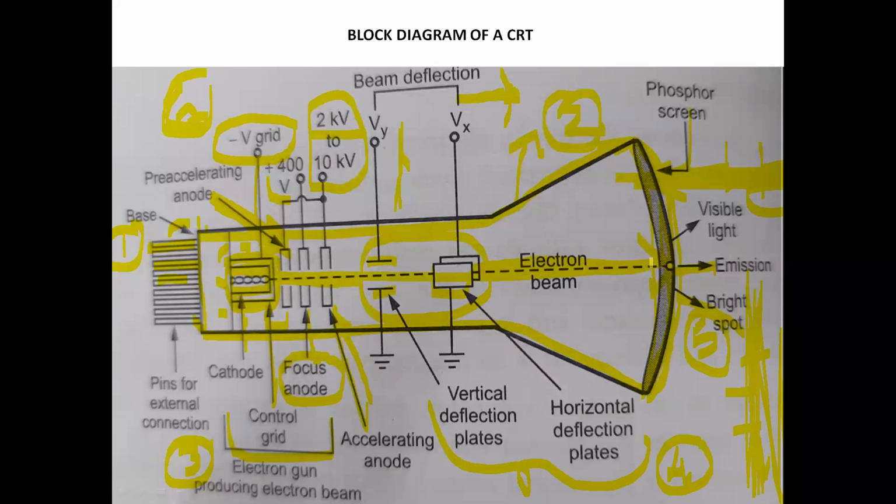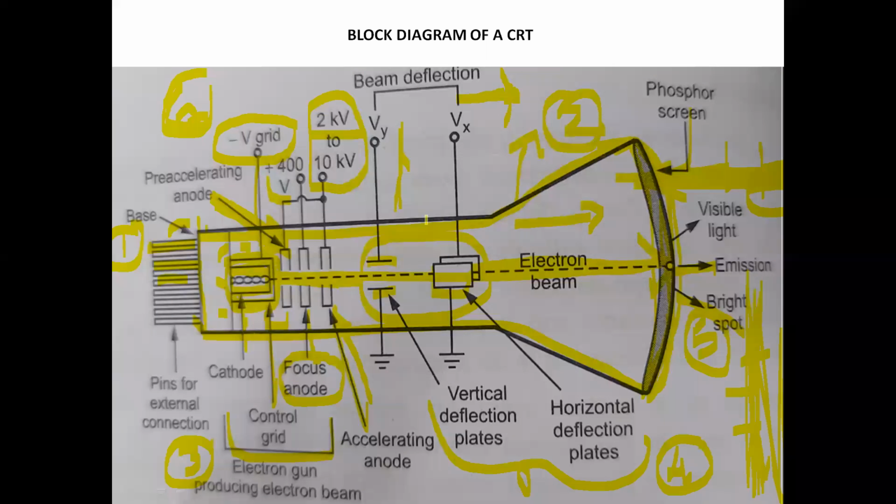But to obtain a waveform, we need a two-dimensional display. One is the time axis and the other is the amplitude. For the display on the time axis, or x-axis, we use horizontal deflection plates, and for the display of the amplitude, we use the vertical deflection plates.